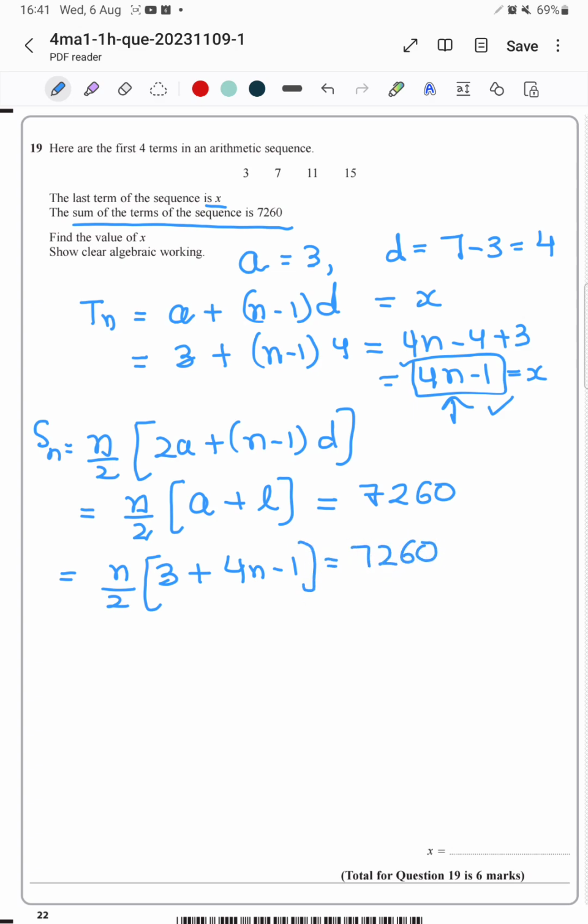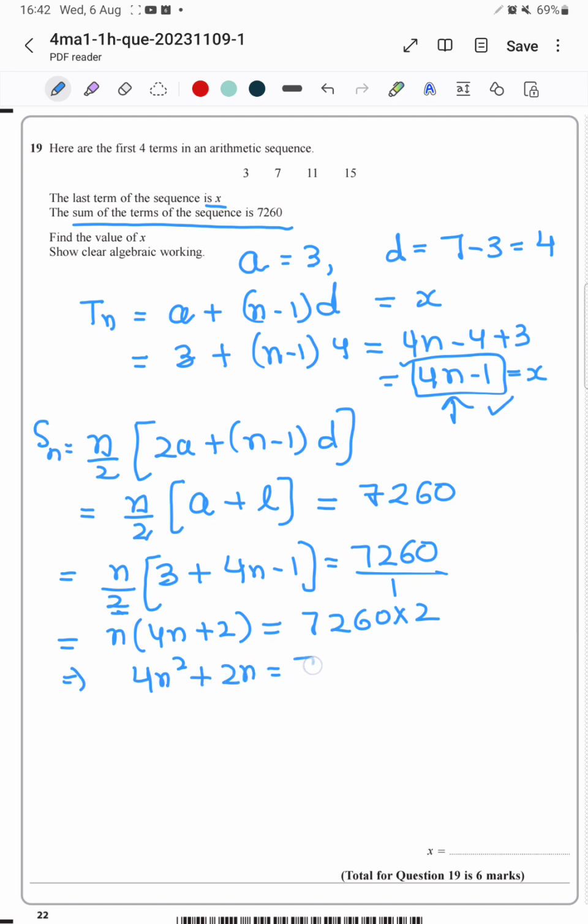Now if I simplify this whole thing, I am going to get n times 4n plus 2, and this 2 will go to the other side in multiplication, so it will be 7260 times 2. So I got here 4n squared plus 2n is equal to 7260 times 2.